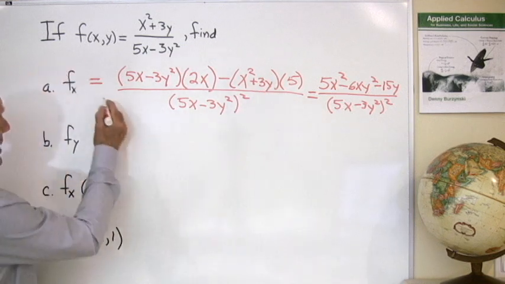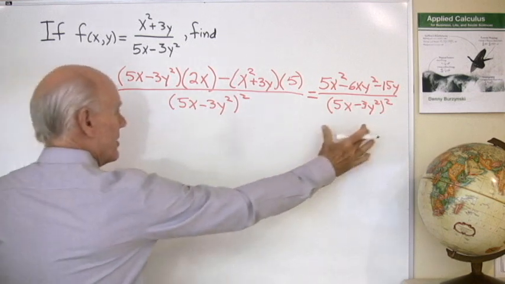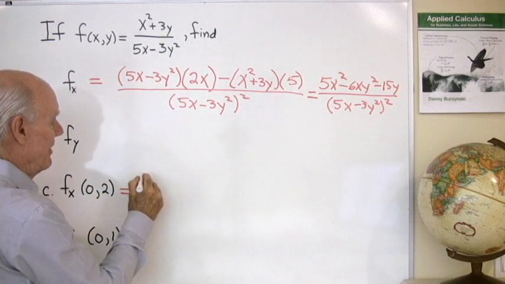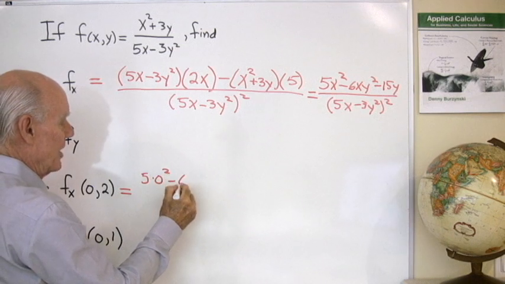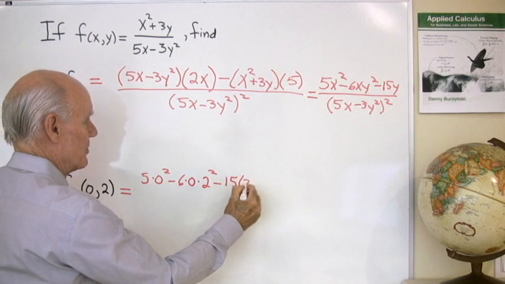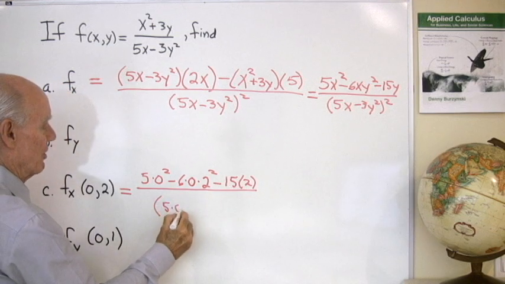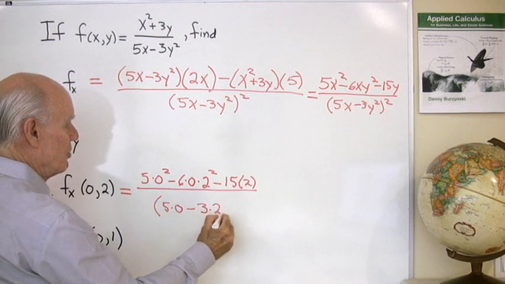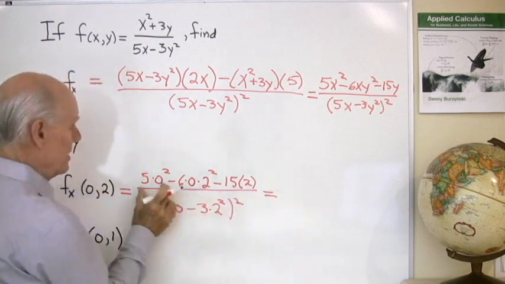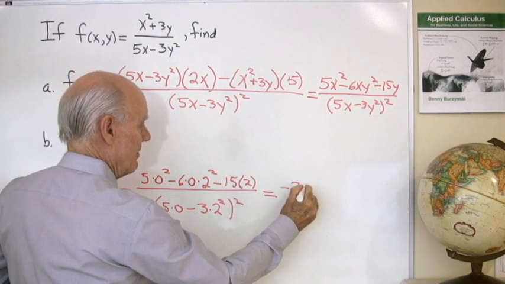So let's go down now that we have this and evaluate it at this point. I'm going to substitute in 0 for x and 2 for y. So what do I get? 5 times 0 squared minus 6 times 0 times 2 squared minus 15 times 2, all divided by 5 times 0 minus 3 times 2 squared, squared. This comes out to be 0 minus 15 times 2, so minus 30.